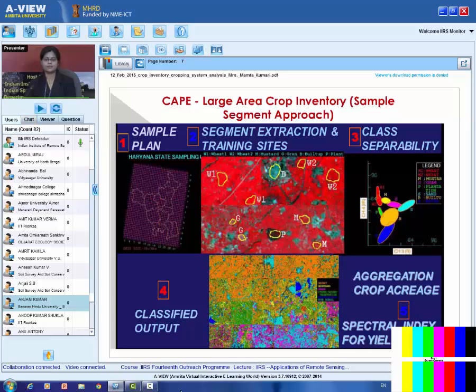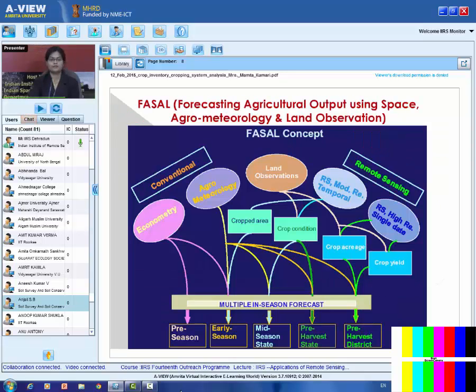So suppose we have crop yield after crop acreage, after putting in the estimated yield values, we have yield estimated by the satellite data, and if we subtract the Directorate of Economics and Statistics yield data and divide it by the remote sensing data, then we get the deviation from the standard value. If that deviation is less than 10%, then it is acceptable. So we need 90 by 90 accuracy for the crop acreage estimation. FASAL is the advanced stage of CAPE.